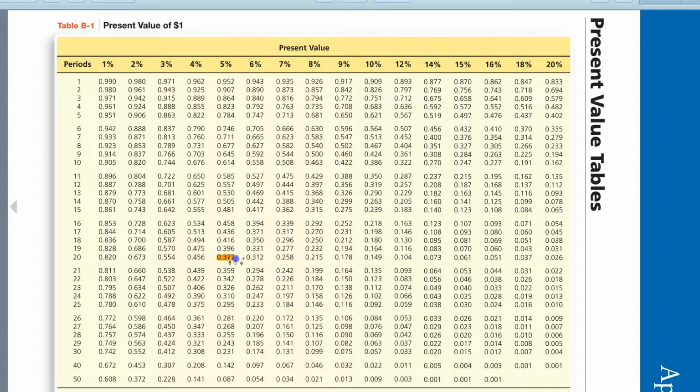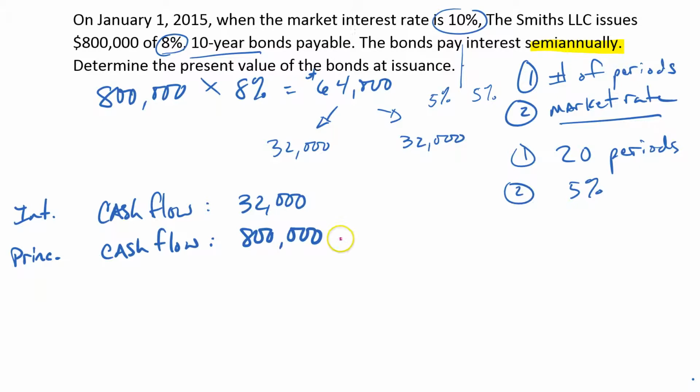And if I can do that correctly, that tells me that the present value factor that I use for my single amount is 0.377. So let's go back and put that into our equation. So I take the 800,000 times 0.377, and that gives me 301,600.